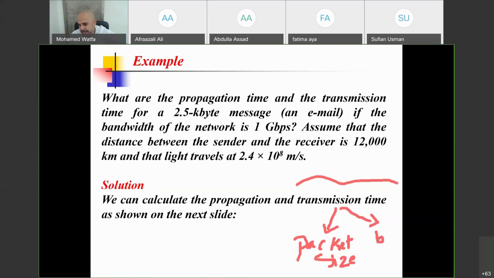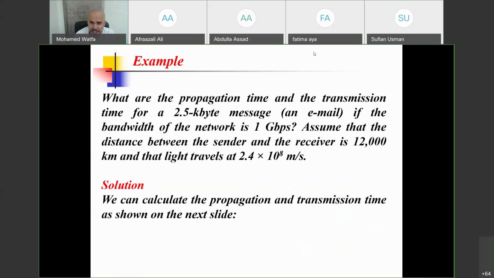How many bits per second am I sending? Remember, both of them are in seconds. Propagation time and transmission time are both in seconds, of course. But one depends on distance and one depends on packet size and bits per second. Okay? Very interesting. Let's do it together. Very easy.